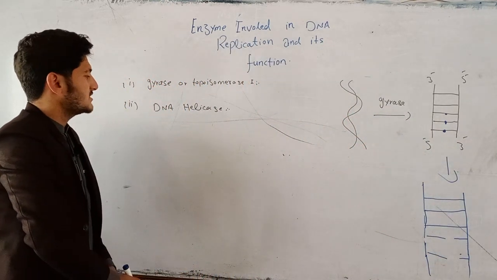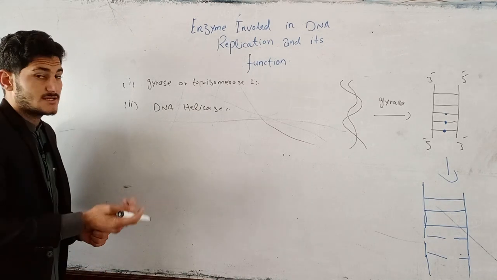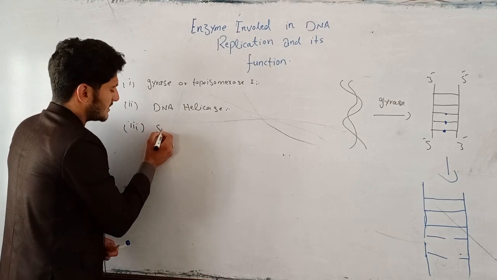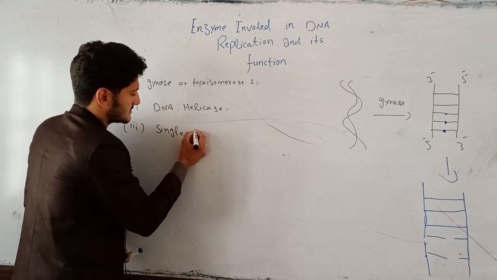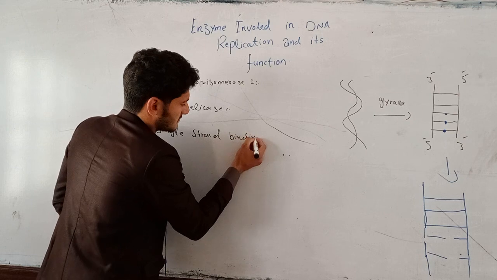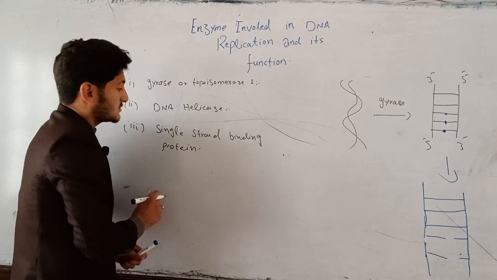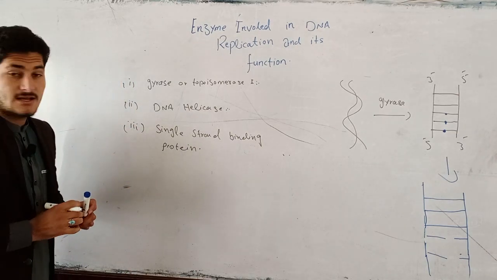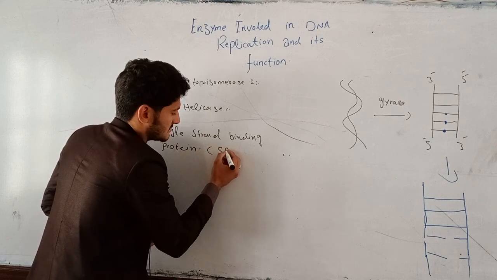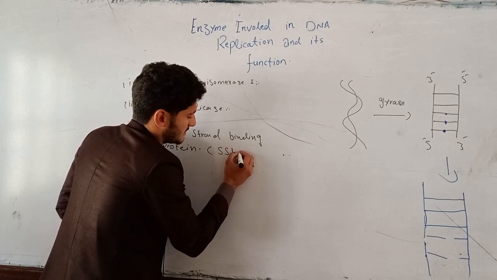Now the third enzyme involved in DNA replication is the single strand binding protein, or simply SSBP.